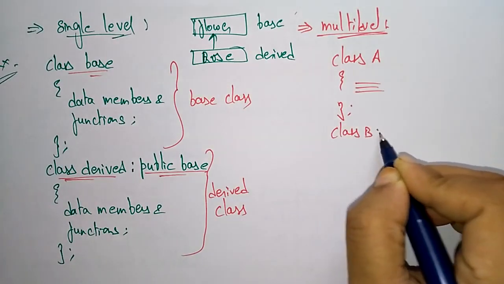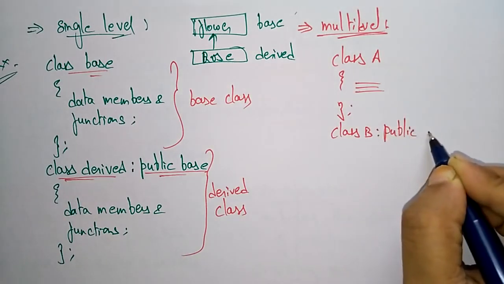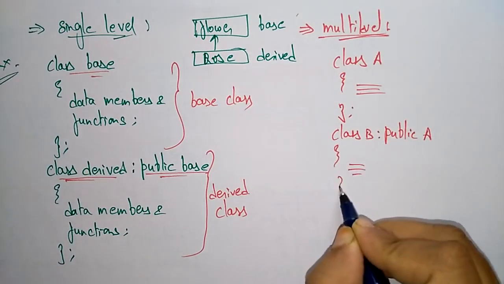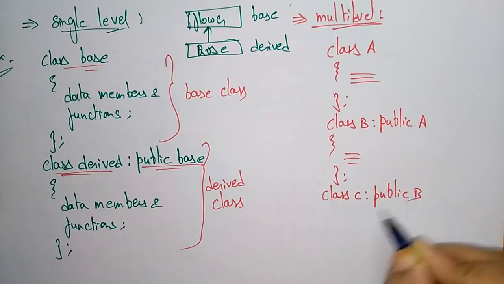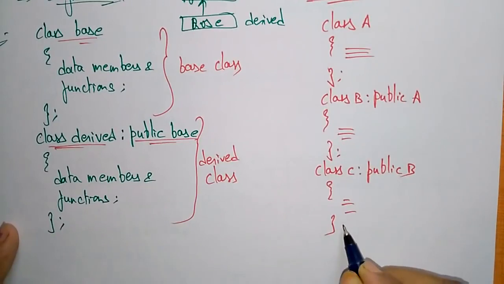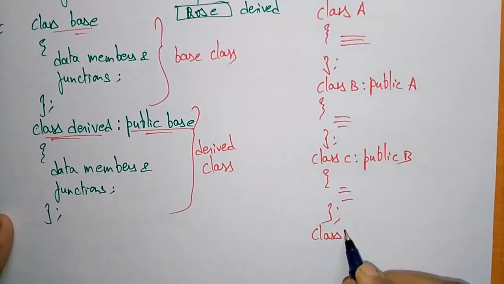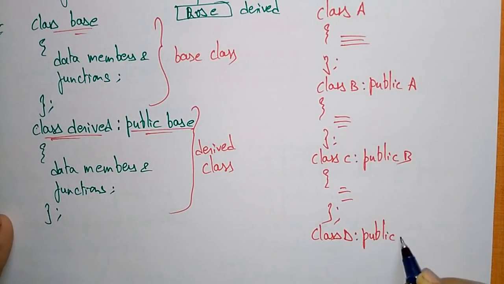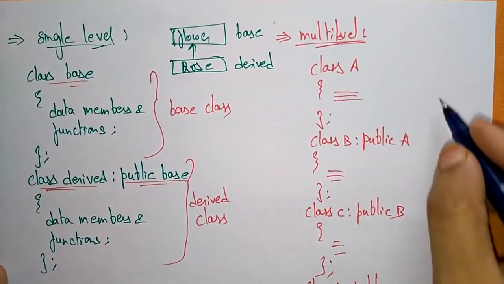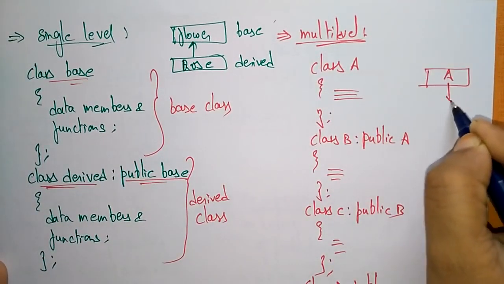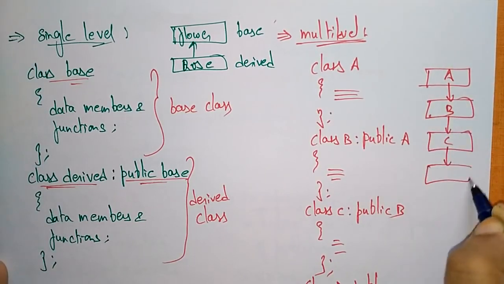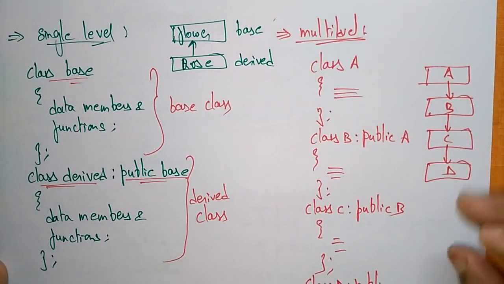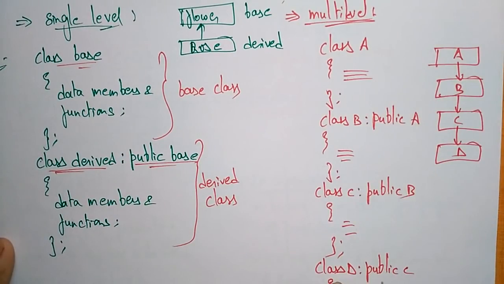Class B, public A. Again class C, public B. Again class D, public C. Okay, so this is multi-level inheritance. The base class A is derived into B, again C, then D. This is the way you have to represent it.